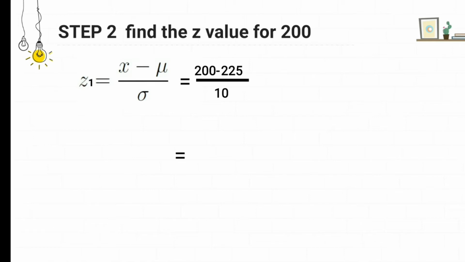So 200 minus 225 is negative 25, all over 10, and if we solve this, we obtain negative 2.5.